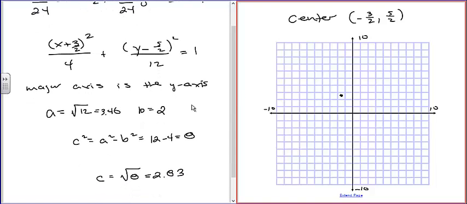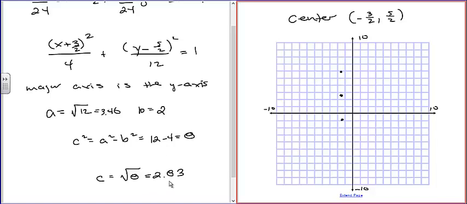Since the y-axis is the major axis, we're going to go up 3.46. So we go 1, 2, 3. 0.46 is going to put us really close to here. And if you go 1, 2, 3, and another half approximately, that puts you really close to that point.